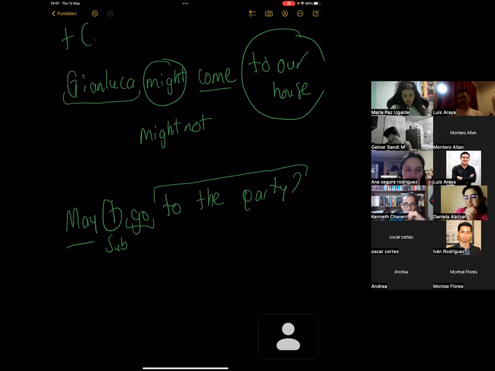The meaning is the same. There's no difference. You can use them in the same way. The only difference is that both of them mean possibility, like a 50% chance. For example, I might go to the party if my parents give me permission.